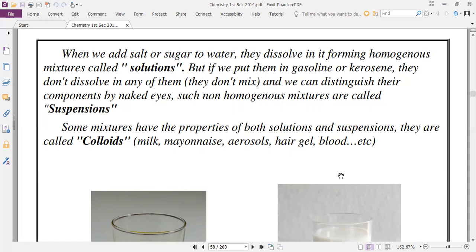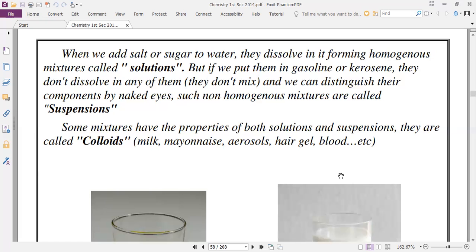That means whether I can differentiate between its components or not. Homogeneous means I can't differentiate between its components, like water and salt. Can you see the sugar particles or salt particles? No. So it's called a homogeneous mixture.